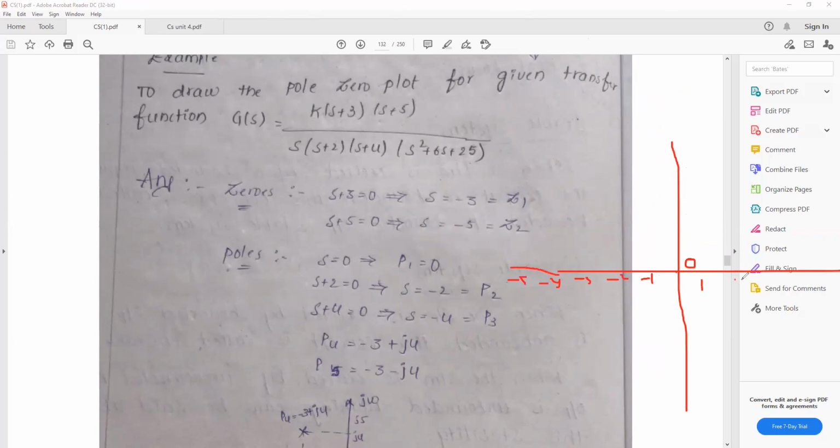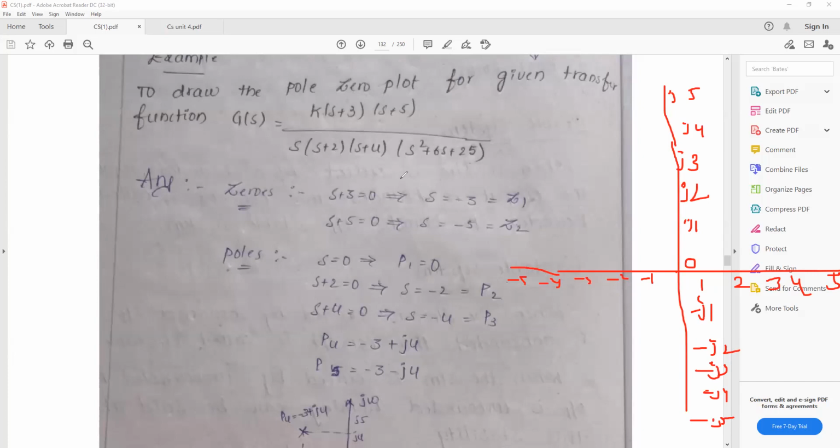The positive real axis is 1, 2, 3, 4, 5. And the positive imaginary axis j1, j2, j3, j4, j5, and minus j1, minus j2, minus j3, minus j4, minus j5.